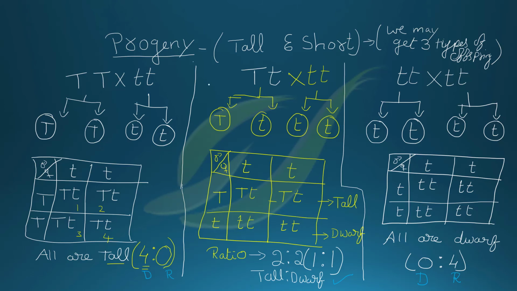Very important thing, heterozygous tall. And they will ask, if in the test cross all the plants obtained are dominant, whatever the character may be, dominant tall or dominant round, then the parent is always homozygous. The parent is always homozygous tall.